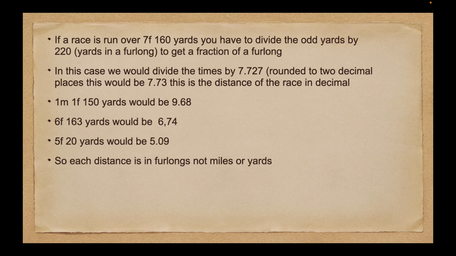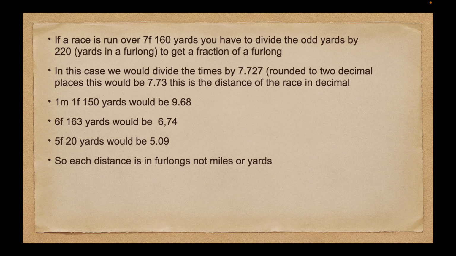So, they're the easy races. If a race is run over 7 furlongs and 160 yards, you have to divide the odd yards by 220, which is the yards that are in a furlong. And this will give you a fraction of a furlong.